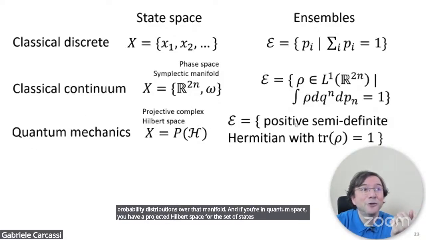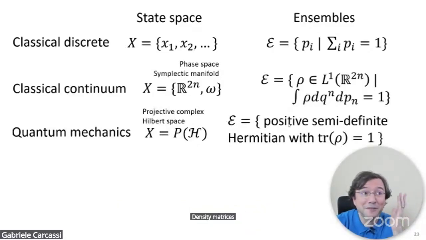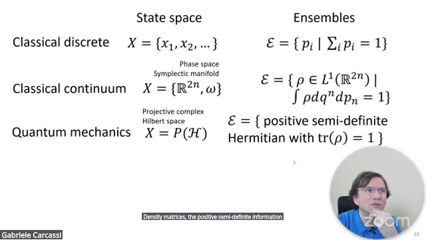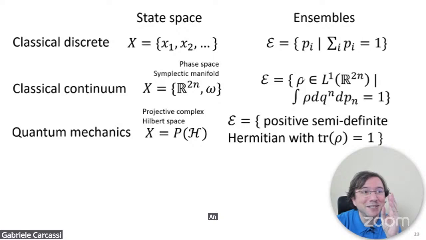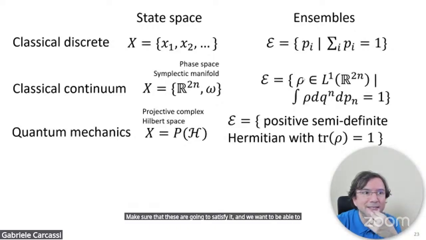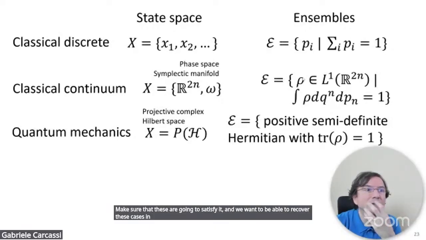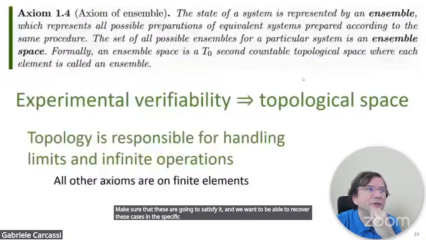Then your ensembles are the density matrices, the positive semi-definite operators with trace one. So these are basically our target cases. And whenever we make an axiom on ensemble spaces, we want to make sure that these are satisfied, and we want to be able to recover these cases in the specific instances.